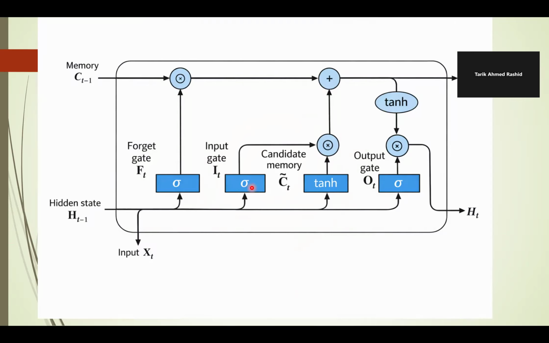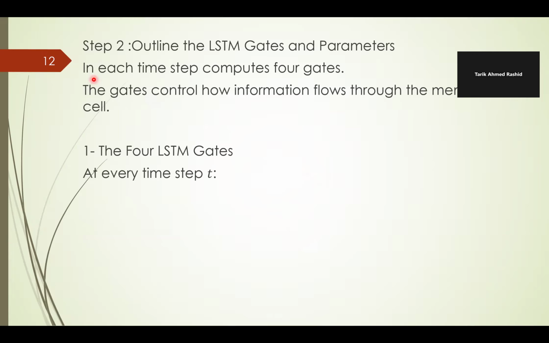Now, here is the diagram for LSTM, that's the forget gate, and this is the input gate, and this is the candidate memory, the tanh of the input. And here is the output gate, and that's also the memory at the previous state. Now, set up the parameters at every time step.